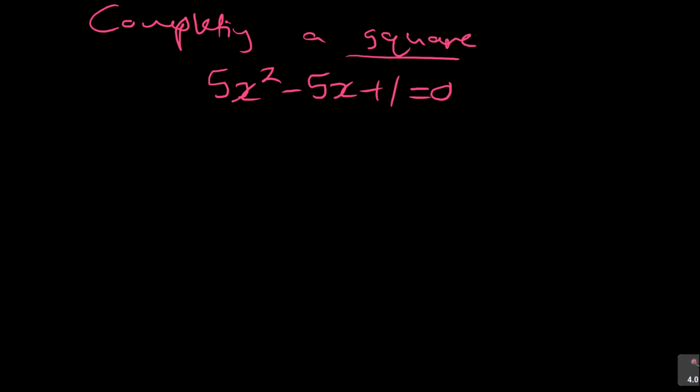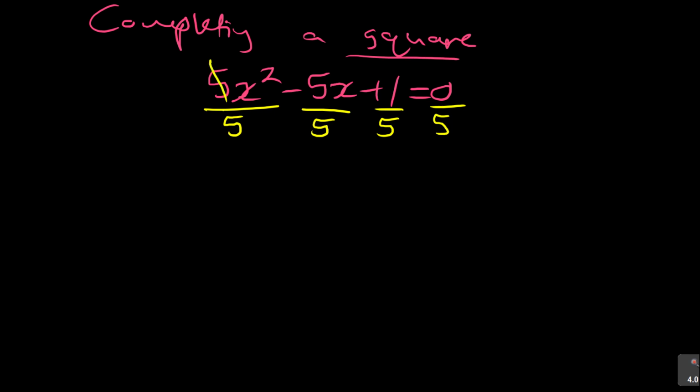Alright, now if you are completing a square, what's the first step? Okay, that's not the first step. Let's do the first step. The first step is that coefficient must be 1. So get rid of that 5. How do you get rid of that 5? You divide everything by that particular number there. So if it's whatever number, you divide each item because it's separated by plus or minus.